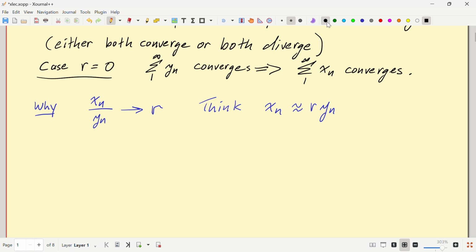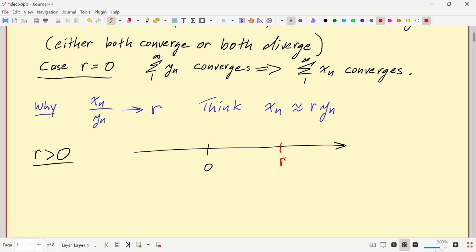Let's think. Here's the real line. Let's do the r greater than 0 case. And here's 0, and here's my r. It'd be nice if I could say that xn was r times yn. But, let's see, xn over yn is somewhere near r.